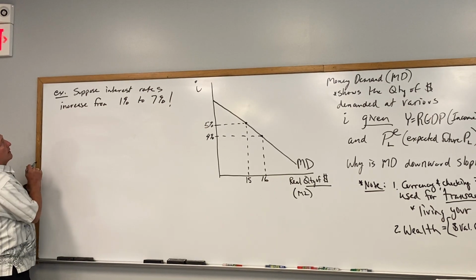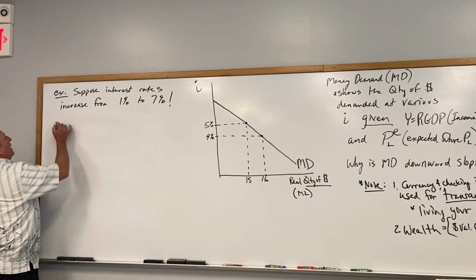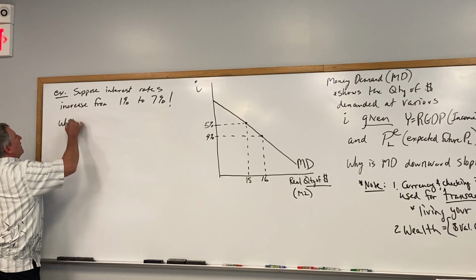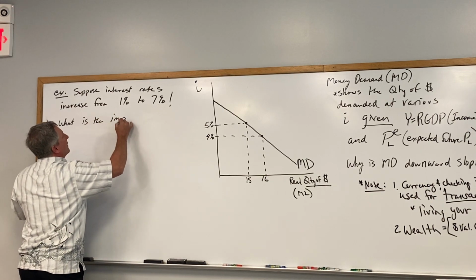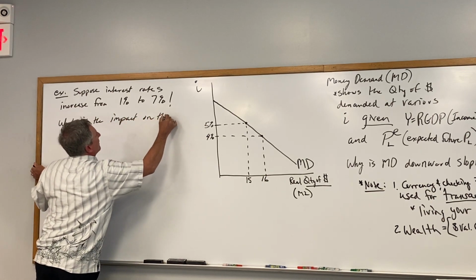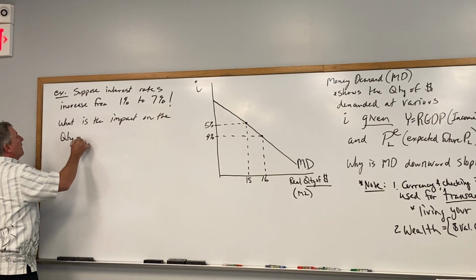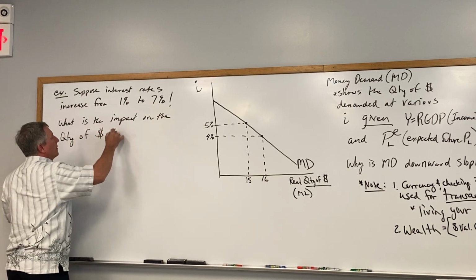So suppose interest rates increase from 1 to 7%. What is the impact on the quantity of money demanded?